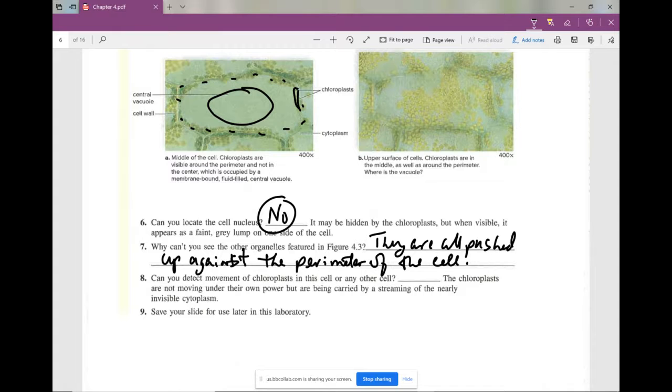Can you detect movement of chloroplasts in the cell or any other cell? And I was going to tell you yes. You guys can look up a video of this, but the term we're looking for is cyclosis.